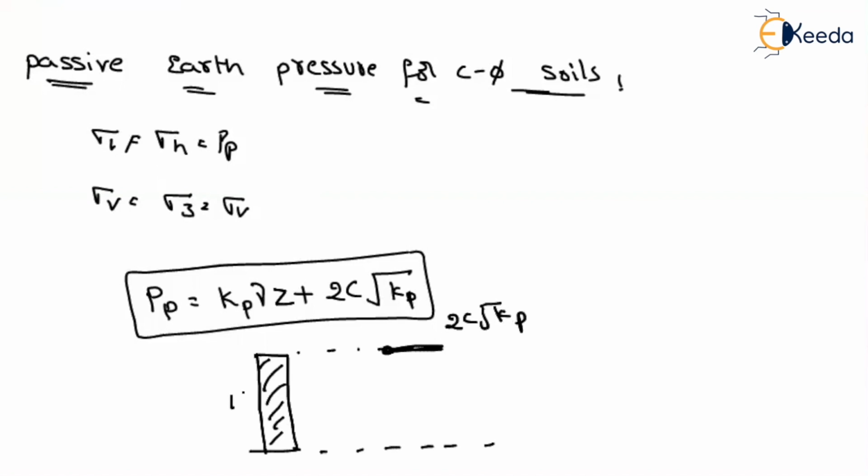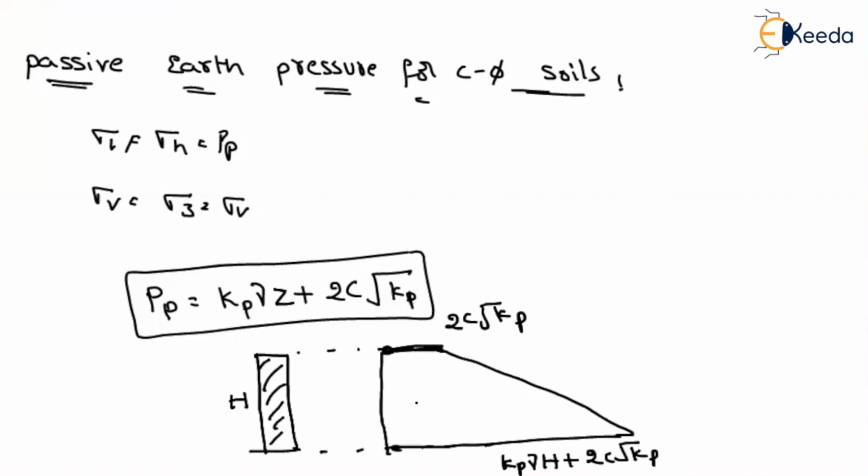What about at a depth of h? That will be equal to h. Then what will be your new value? Kp into gamma into h plus 2 into C into root Kp. Now join these 2 points by an inclined line. Then this will be your passive earth pressure diagram.